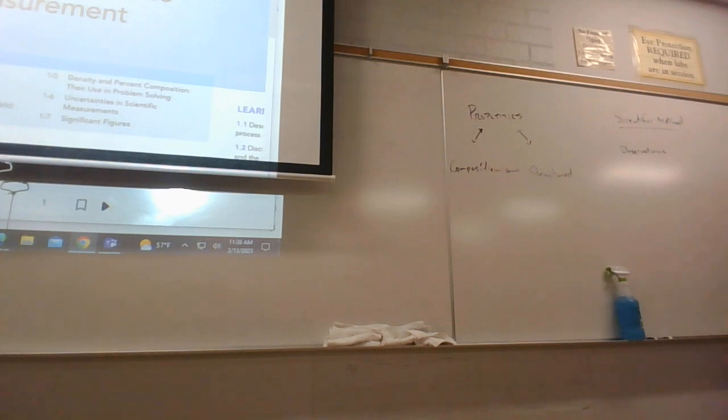And then what we do is we look for patterns and trends. And if these patterns and trends are consistent and precise, then we can come up with a scientific law.